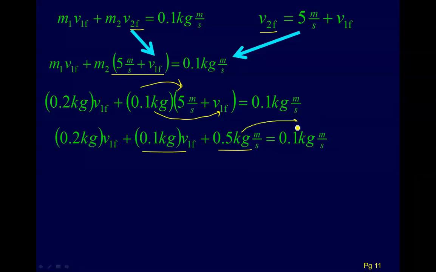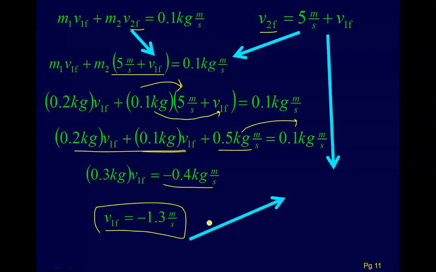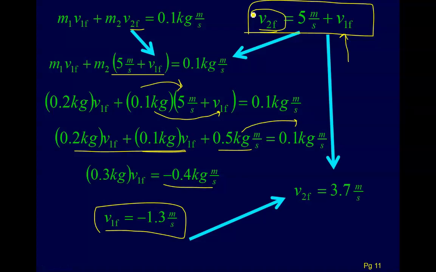So this one I can bring over here, and then I'll combine these two terms. And I get 0.3 times velocity 1 final equals this number here, and I'm ready to solve for velocity 1 final. Now I can take this and plug it into this equation over here. Once I know V1 final, I can solve for V2 final. So we get these two numbers here.